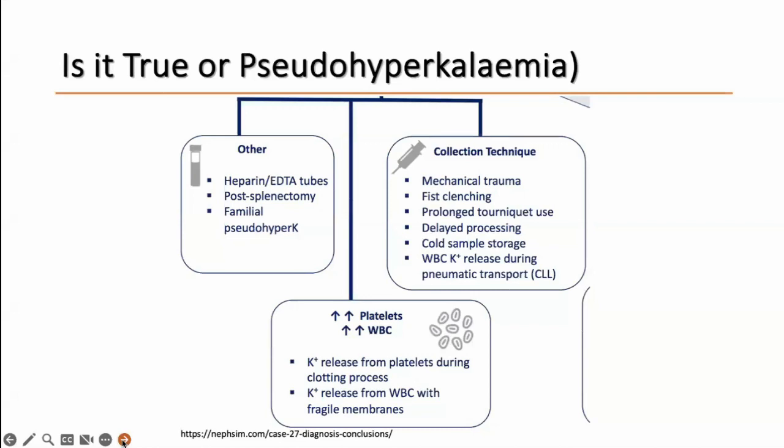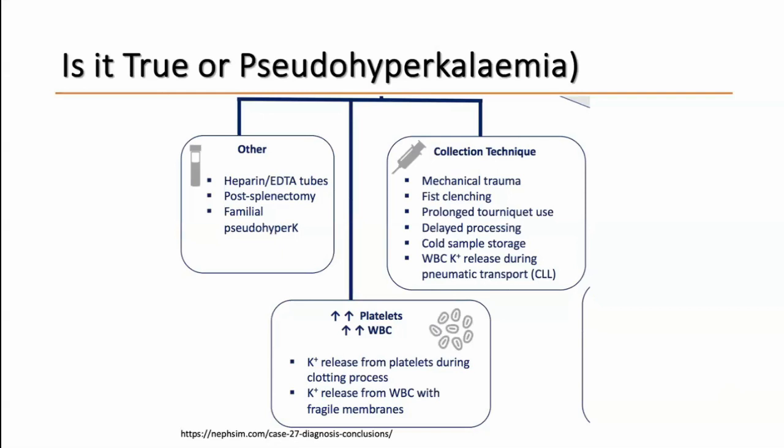So pseudo hyperkalemia can be caused by anything that causes hemolysis, anything that causes tissue lysis, and then obviously poor phlebotomy. So prolonged tourniquet use, if your patient's fist clenching, if you're taking the sample upstream of an IV line, which we shouldn't be doing, and then also things that we can't really control, like a patient who's got a thrombocytosis or leukocytosis, that also falsely elevates your serum potassium, not your plasma potassium.